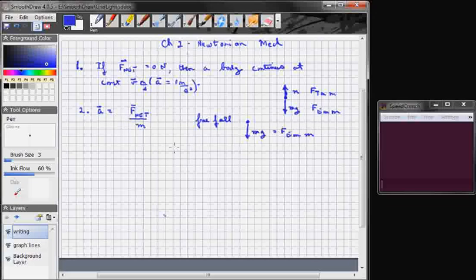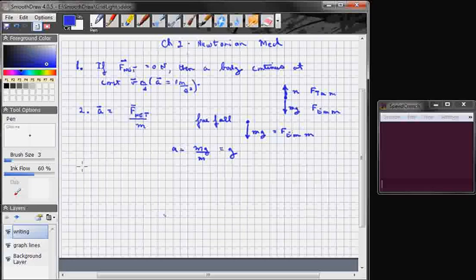And so the acceleration of that mass is, by Newton number 2, given by the net force mg over m, which is g. And therefore the mass accelerates downward with an acceleration of g, which is 9.8 meters per second squared, or typically in class we use 10 meters per second squared.